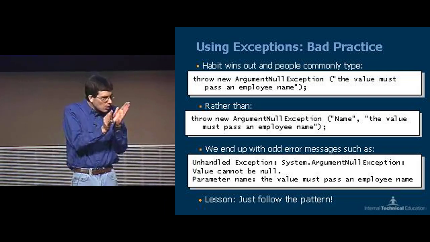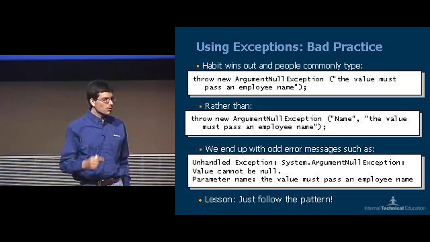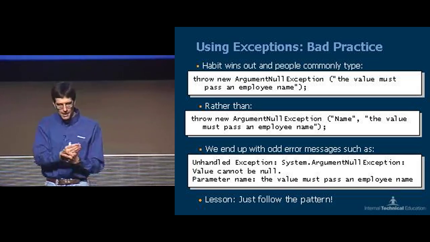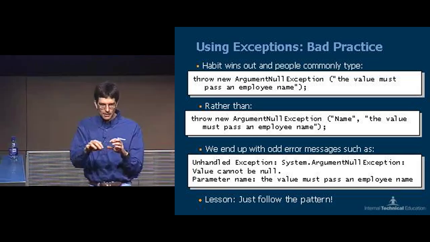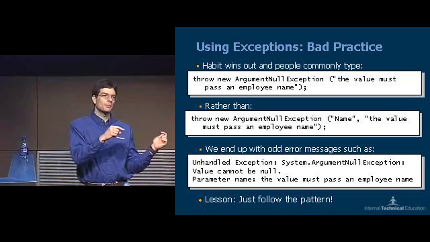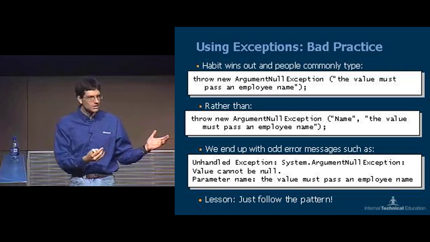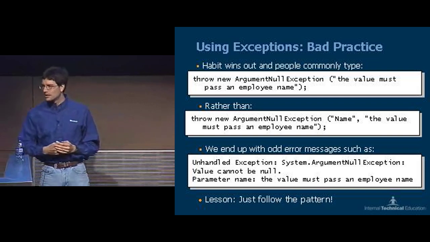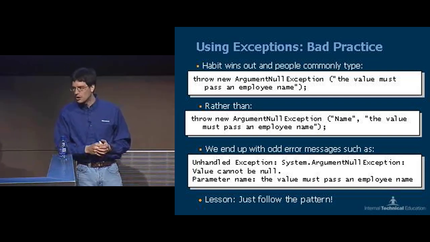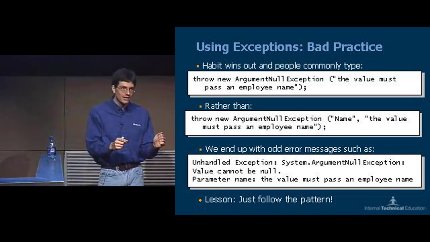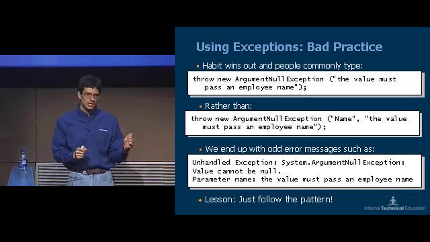Essentially, because both of those are strings, we've embedded in users' minds that the message goes first. So they put the message in first, even though the parameter name was actually called parameter. You see what I mean? Users throw new ArgumentNullException, and they give a message there instead of the parameter name where they were intended to put the parameter name.